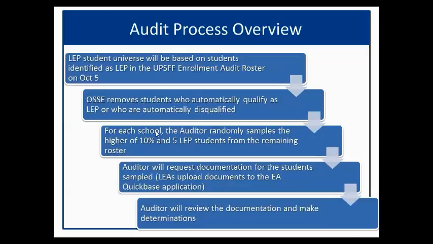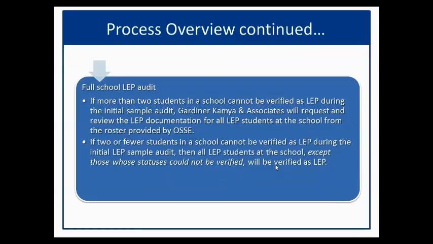And then the auditor will review the documentation and make approved or denied determinations based on the documentation submitted. After they review the documentation, if the auditor was not able to verify the LEP status of more than 2 students at a school, the auditor will request documentation for all students at the school who were eligible to be audited.